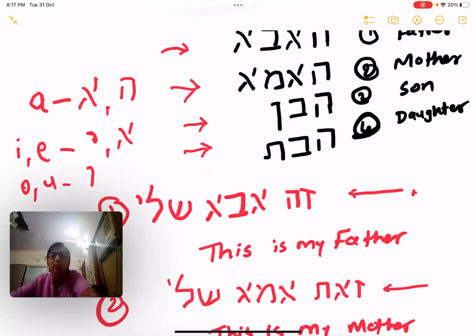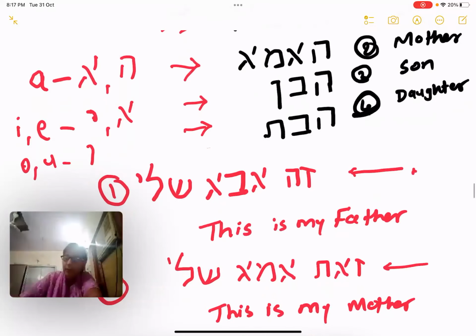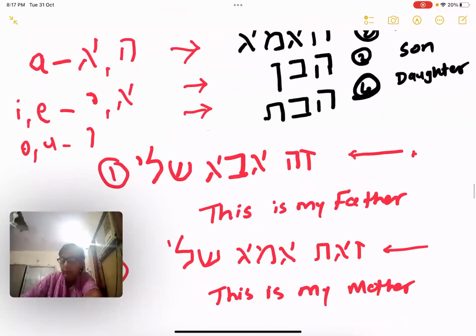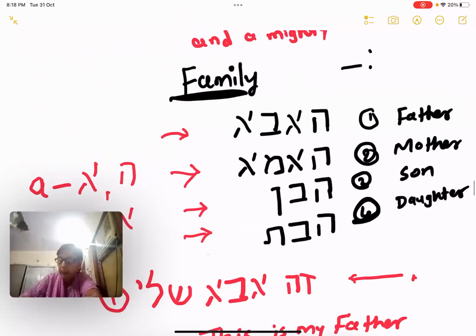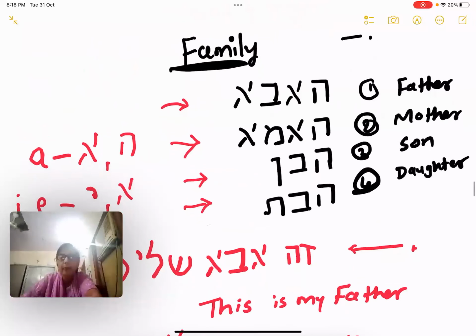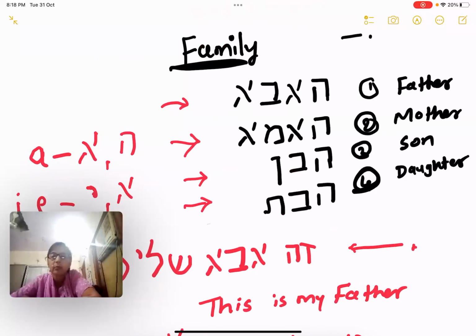For A class vowel, they use aleph and he. For I and E class vowel, they use yod and aleph. And for O and U class vowel, they use vav. As we are learning modern Hebrew, we will not use nikud.